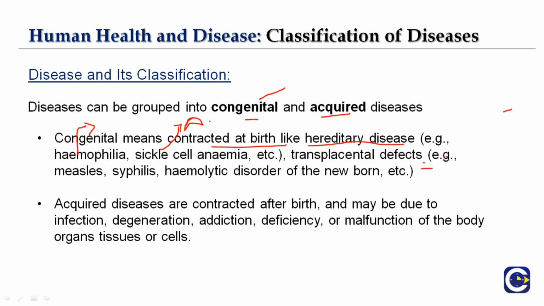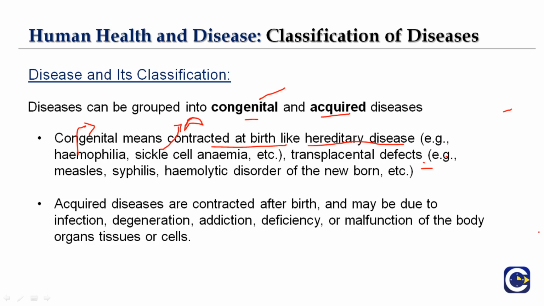The next one is transplantal defects. Suppose anybody is suffering from kidney failure or liver failure, they will be subjected to a transplantation, where we take an organ from the donor and give it to the recipient. I think all of you know this mechanism. These defects are encountered by the person who takes the organ from the donor.